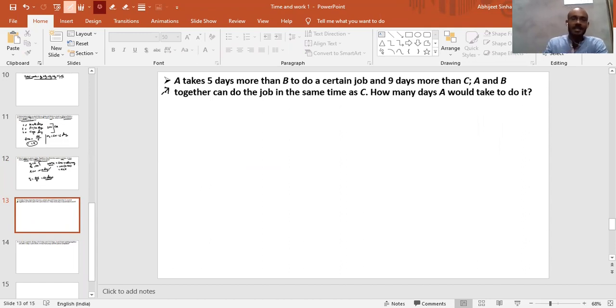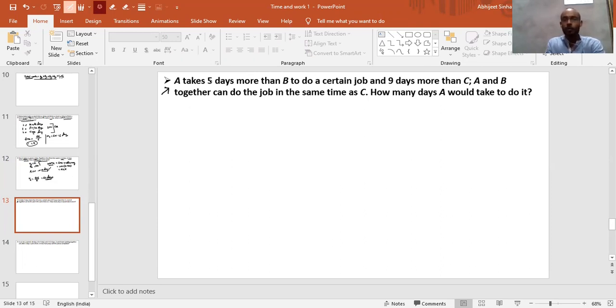Now here, A takes 5 days more than B to do a certain job and 9 days more than C. So A is given with respect to B that it took 5 more days, and with respect to C it took 9 more days.